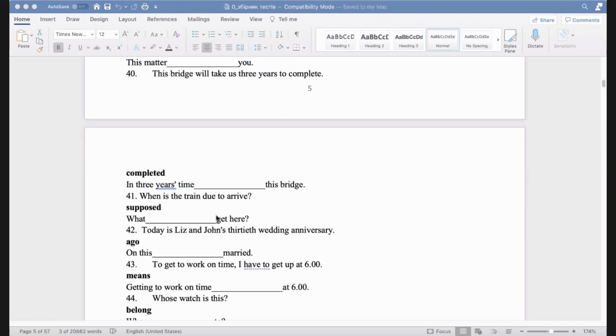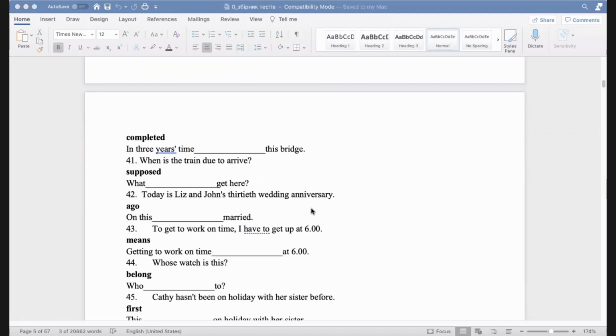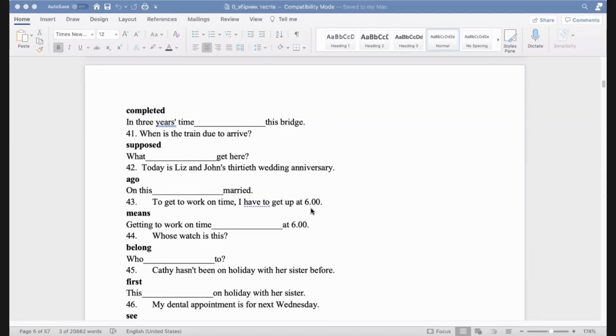On this day, 30 years ago, Liz and John married. And how do we say this collocation for married? Got married. Yes, great. Yeah, congratulations. Number 43.